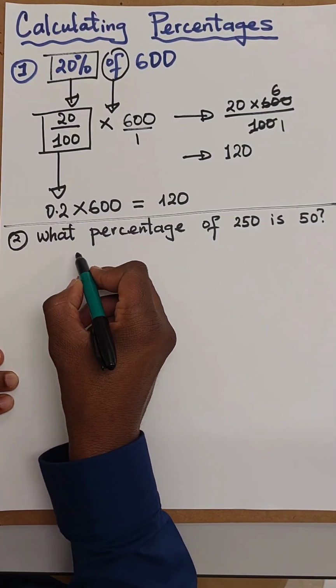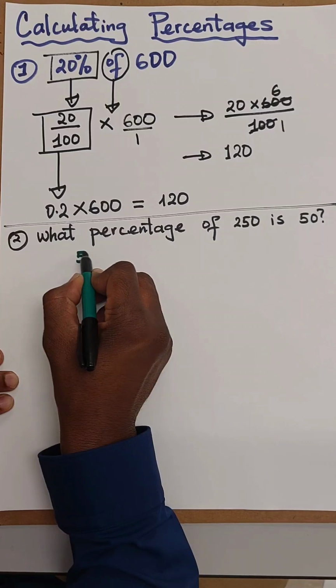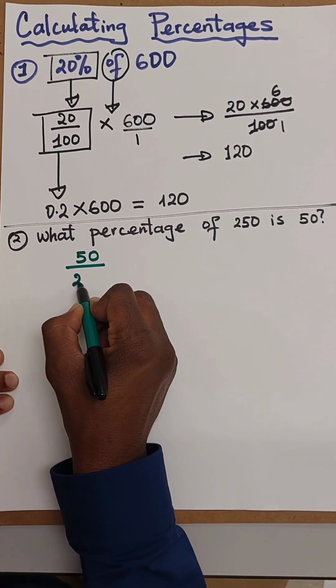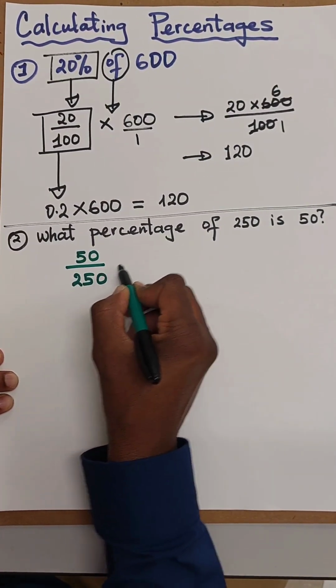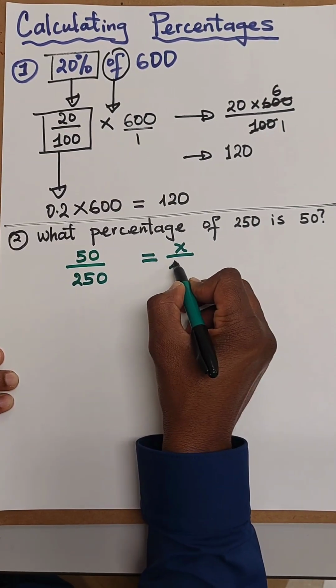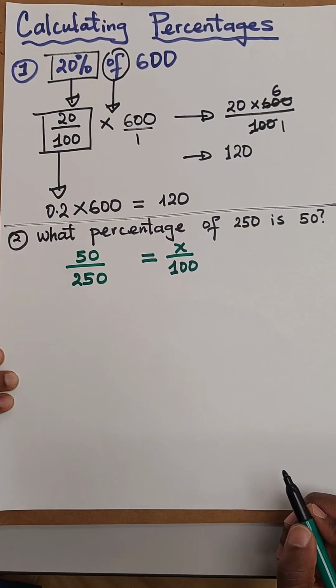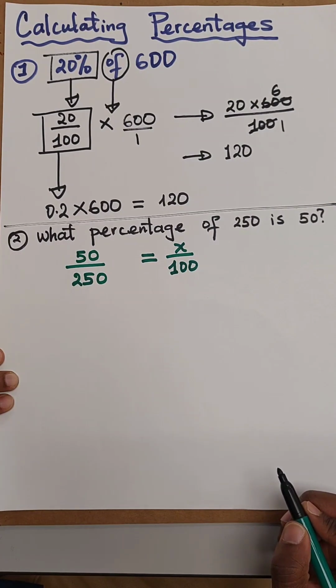Let's compare the fractions. So what we're saying here is that 50 out of 250 is the same as a certain number out of 100. That is what we're looking at. Okay, so it's the same number, a certain number out of 100.